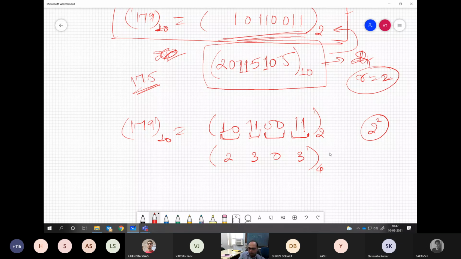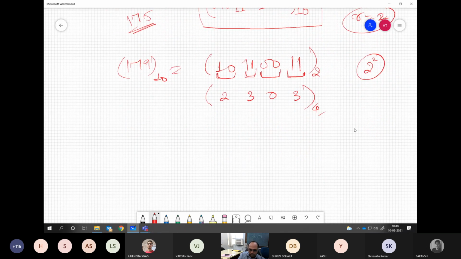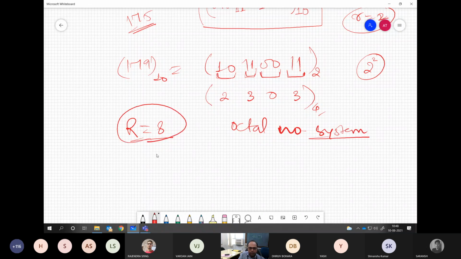Now this is one option. Then why stop at 4? Why not go for a combination of 3 bits? That is what we call radix 8 or the octal number system. So we have r equal to 8 because we are representing 3 bits together in this number system.